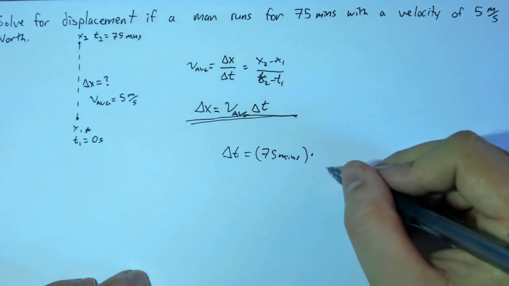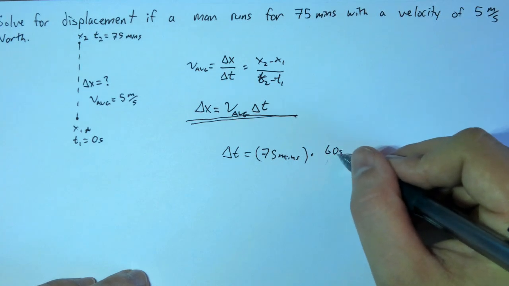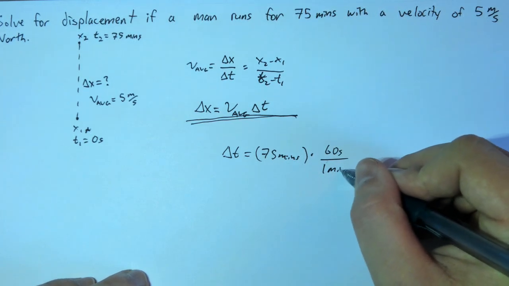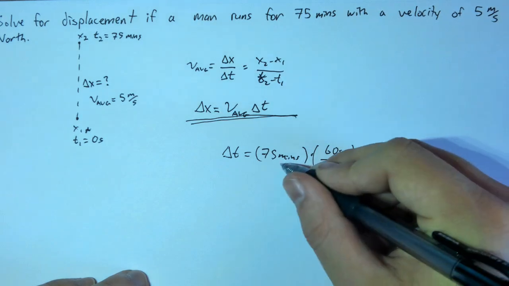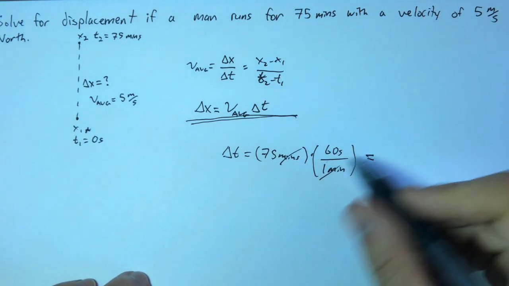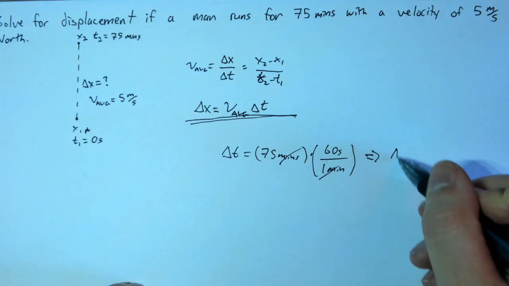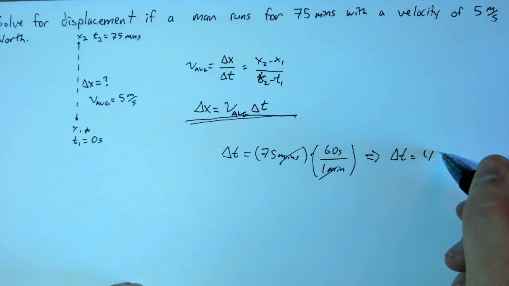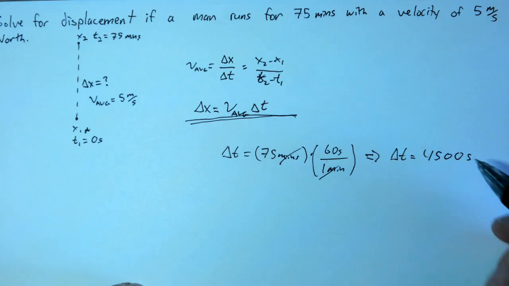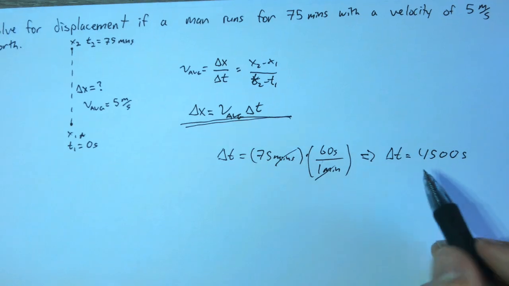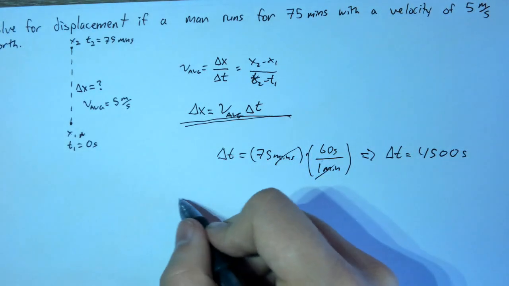There are 60 seconds in 1 minute, so those units cancel. And 75 times 60 is, we get our delta t is 4,500 seconds.